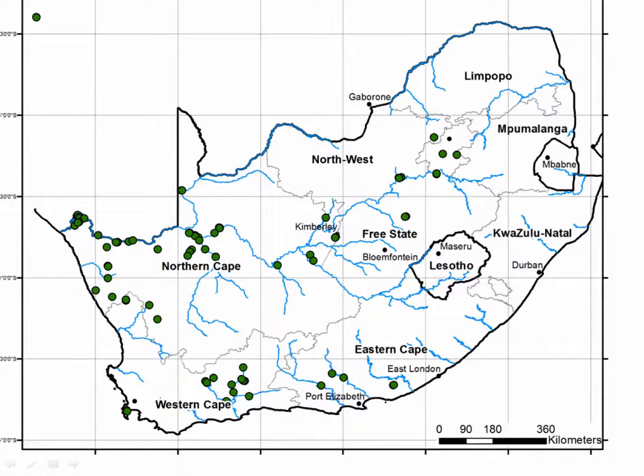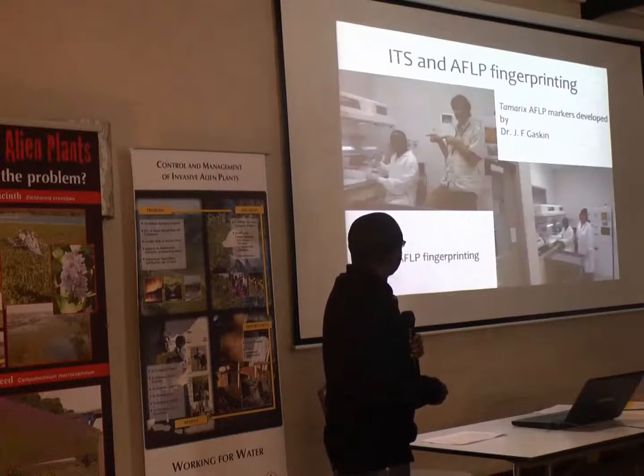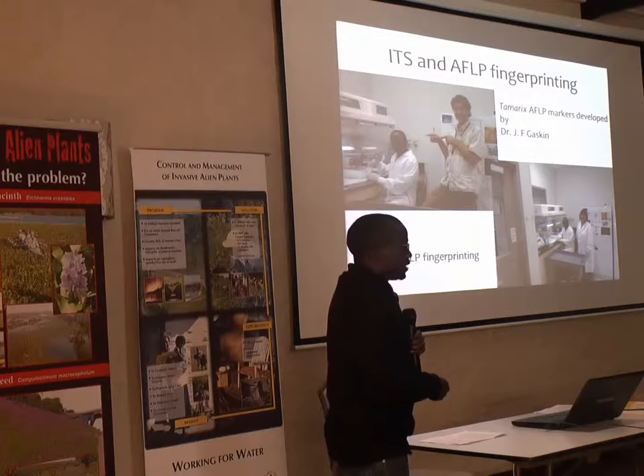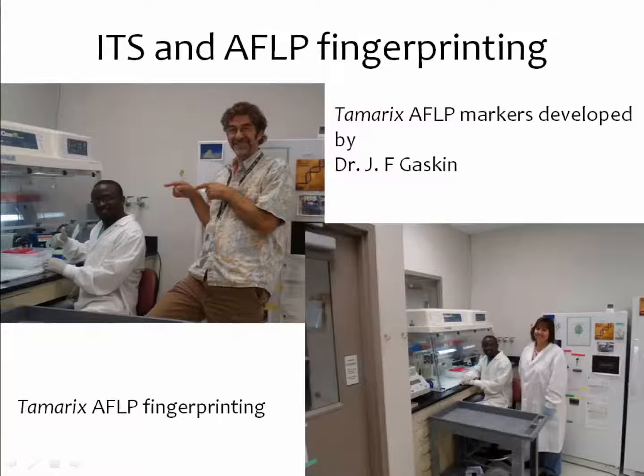The DNA material was sampled throughout South Africa, and as you can see, we tried to sample as much as we could to have a clear indication of the different populations that we've got in the country. Most of the ITS sequencing and the plastid sequencing was conducted at a French university.